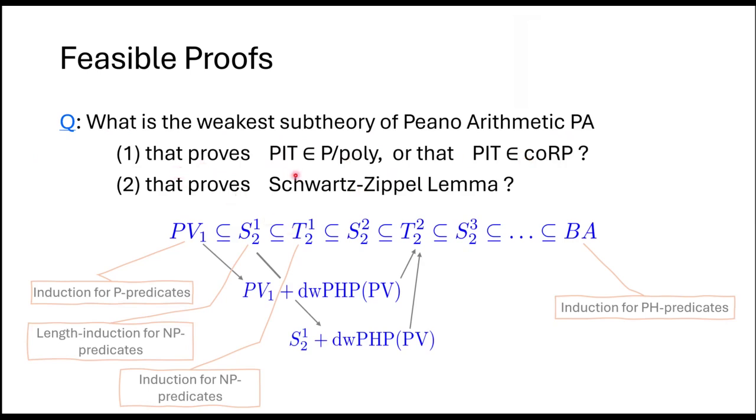Now, what is a feasible proof? What is bounded arithmetic? What are the theories we are going to discuss? Of course, I'm just going to recall some notation and say something about them, but you need to look at the paper to understand more about the theories, and also the references therein, because there's a lot of literature about these theories.